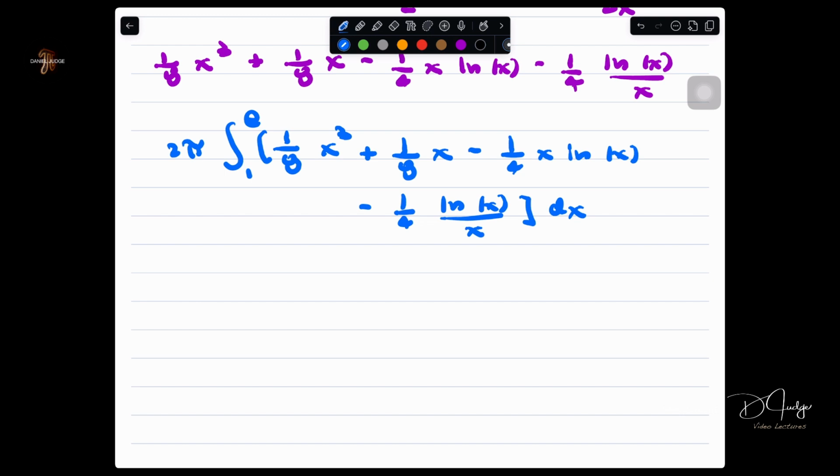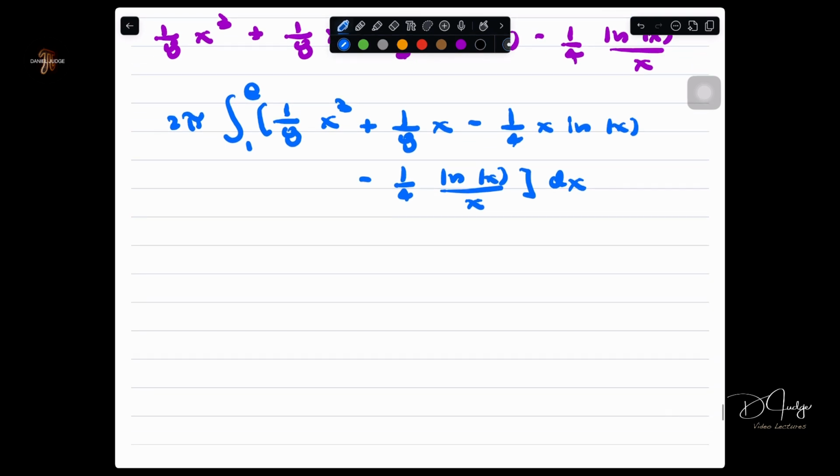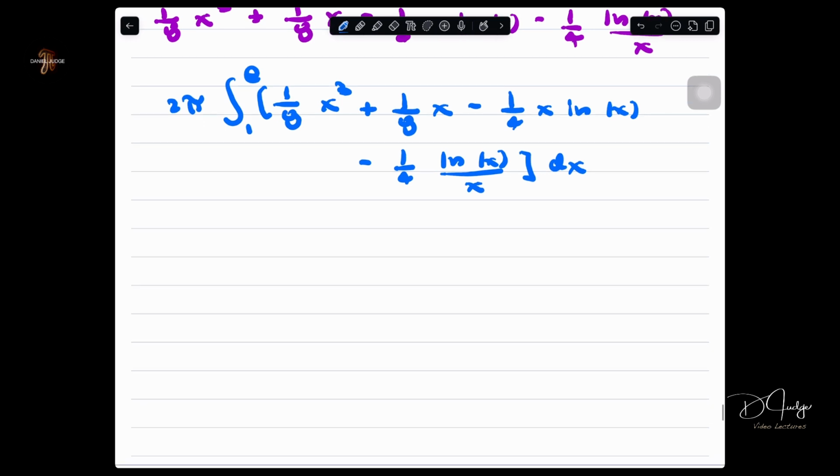Okay. Now, let's see here. To focus a bit, we're going to break this up into 4 integrals here. So, all right, 1 to e, 1/8 x cubed dx.